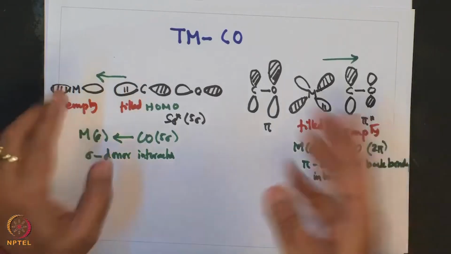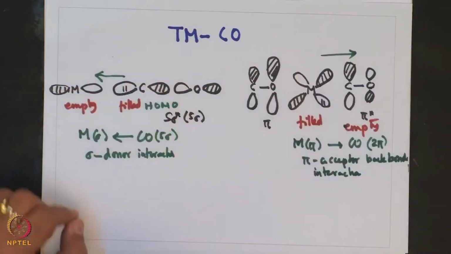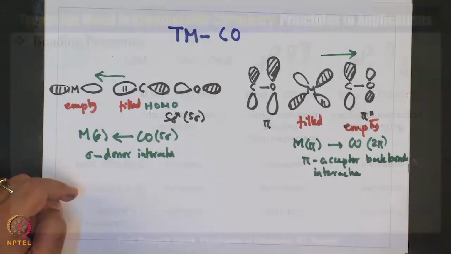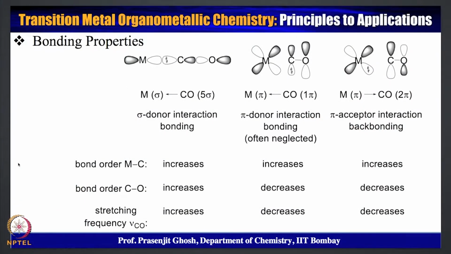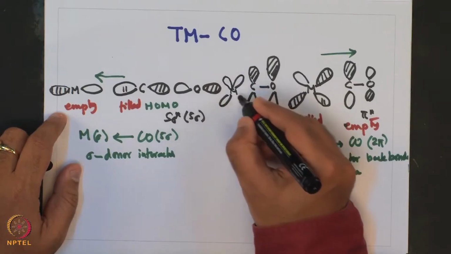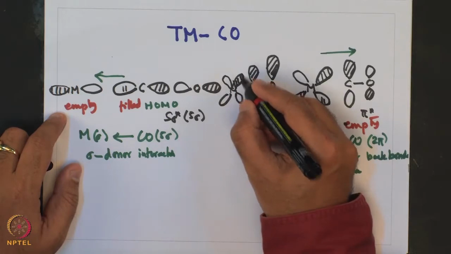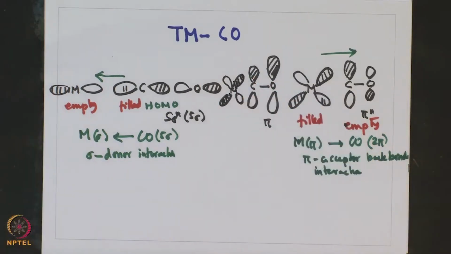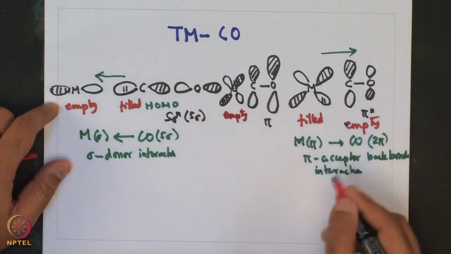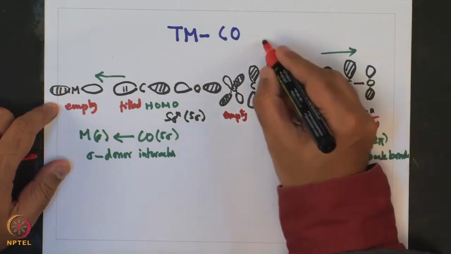Now, apart from these two interactions, there is another interaction which is often neglected, but nonetheless I would like to show it in this discussion. This is the CO pi orbital donating electrons to an empty metal pi orbital, and this is filled.